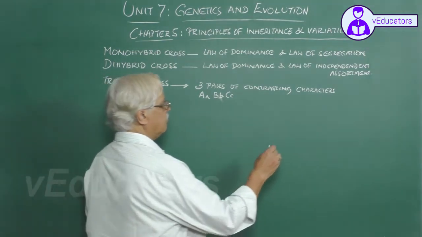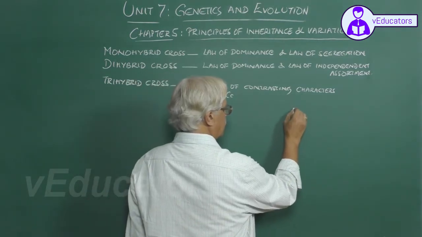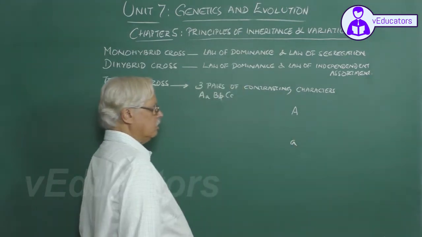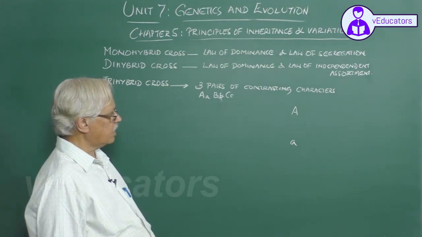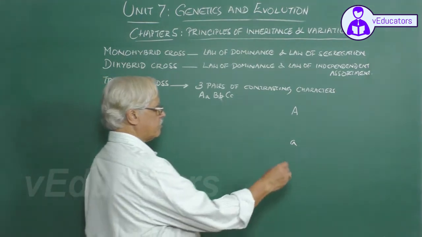How to find that out? You can write a simple method. One pair of contrasting characters is represented by capital A, small a.